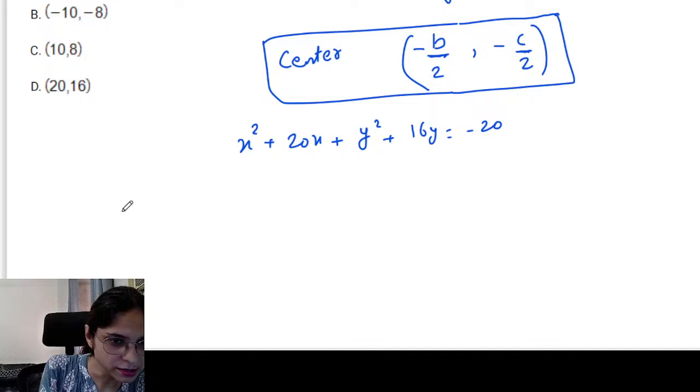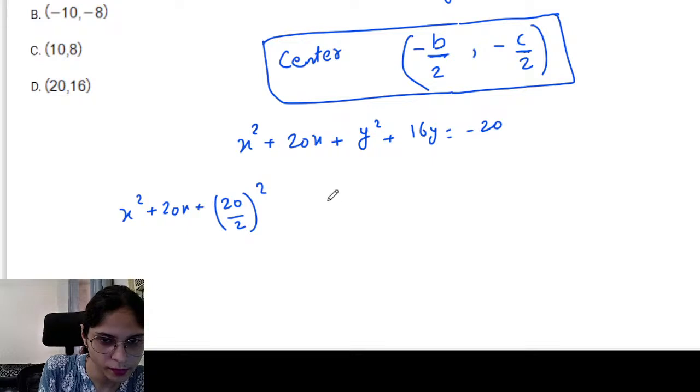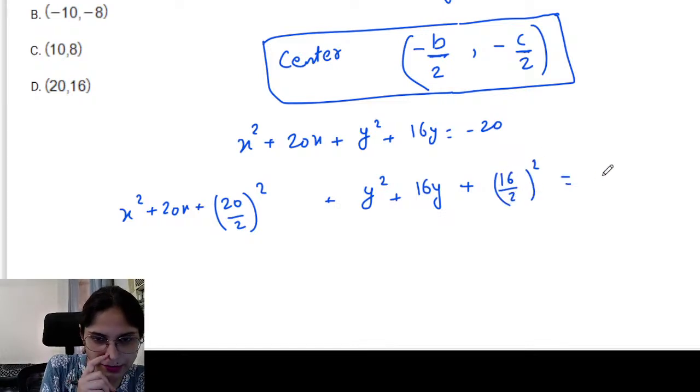Now for x, for completing the square, whatever the coefficient b is, you add b over 2 whole squared, that is 20 over 2 whole squared over here. Same thing you do over here, 16 over 2 whole squared. And because you're doing it on the left side of the equation, you have to do it on the right side of the equation as well.